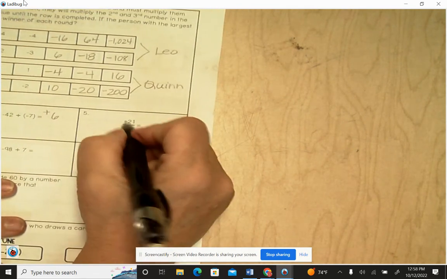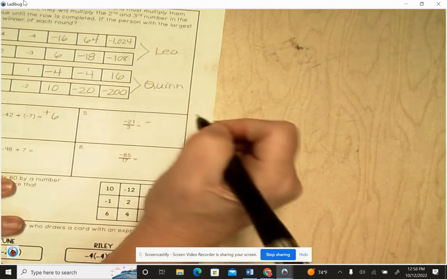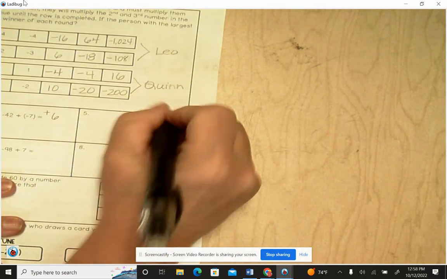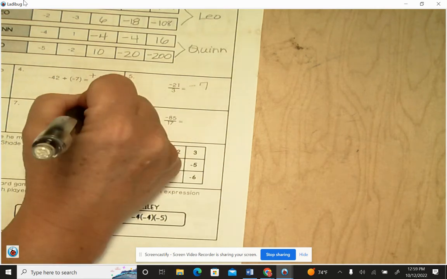Number 5, a negative divided by a positive is a negative, and 21 divided by 3 is 7. A negative divided by a negative is a positive. 72 divided by 8 is 9. A negative divided by a positive is a negative.